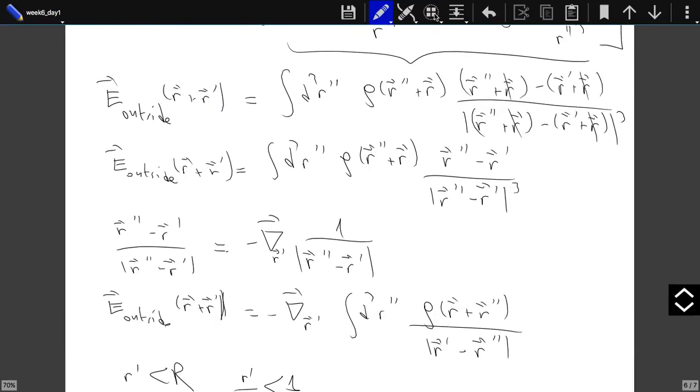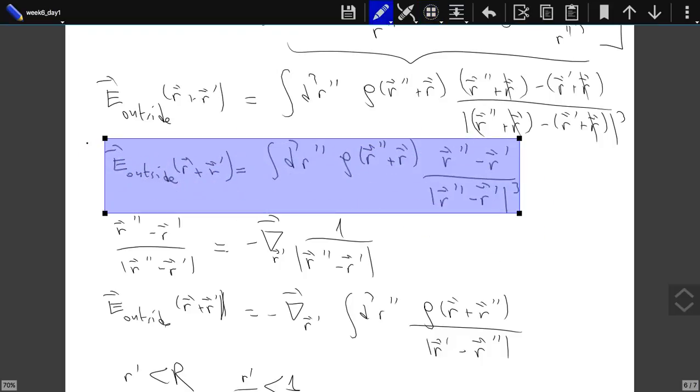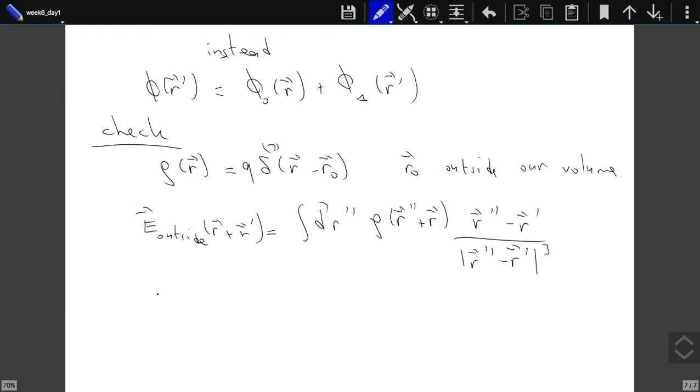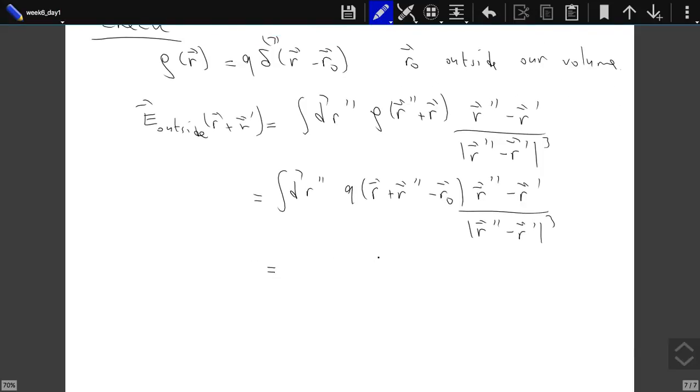And if you just pick this expression, which we said should be correct, this is equal to the integral d cubed r double prime, rho is q delta of r plus r double prime minus r0, times r double prime minus r prime divided by the cube of r double prime minus r prime. And the Dirac delta just tells me that wherever I see r double prime, I should put r0 minus r.